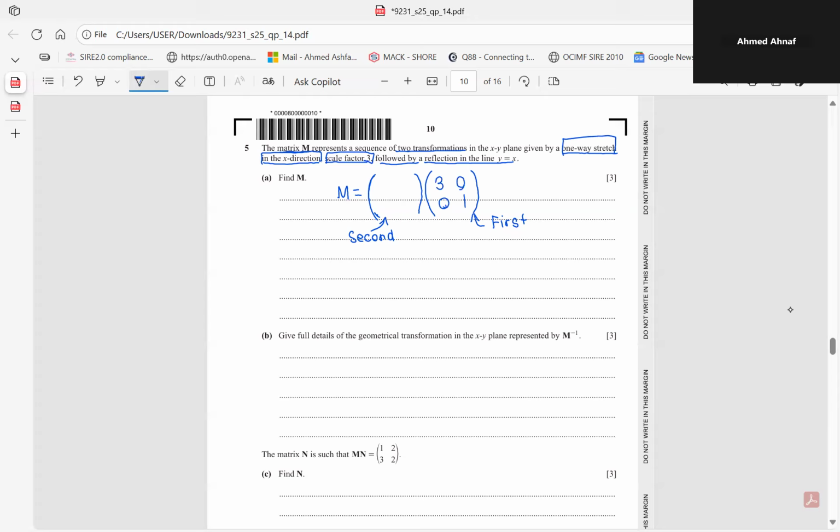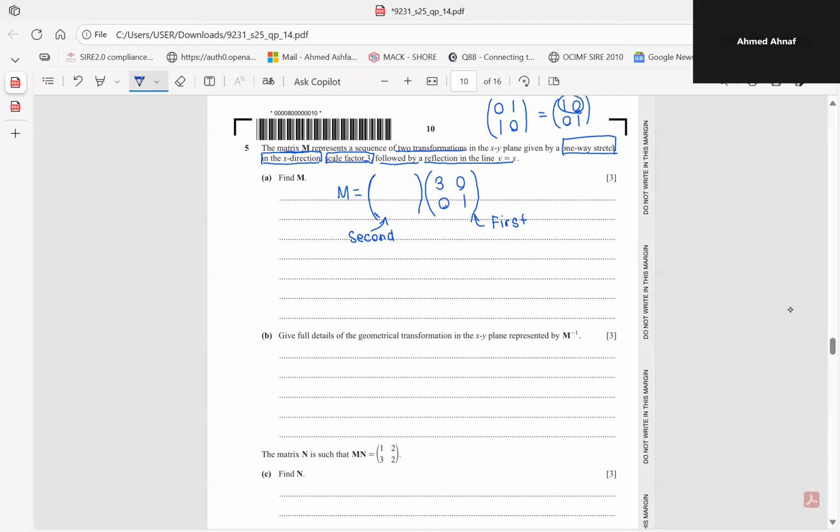Okay, now for the reflection in the line y equals x, it's given by this opposite one, so it's 0, 1, 1, 0. And how to remember this is that it is the exact opposite of 1, 0, 0, 1. So basically all the elements switch places.